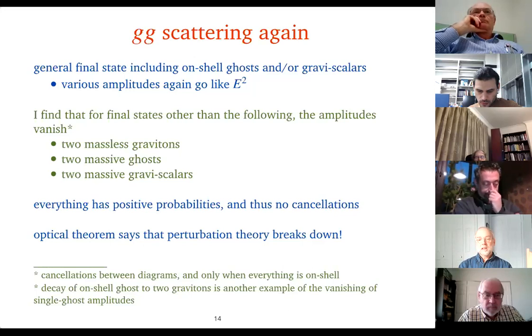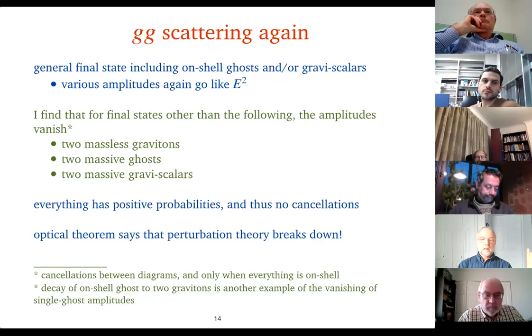They again all go like E squared. So the question is, is there some kind of similar cancellation? Well, what I find is that the final states, other than the three final states that I list there, all the other amplitudes vanish. And they vanish because of cancellations between diagrams and only when everything is on shell.